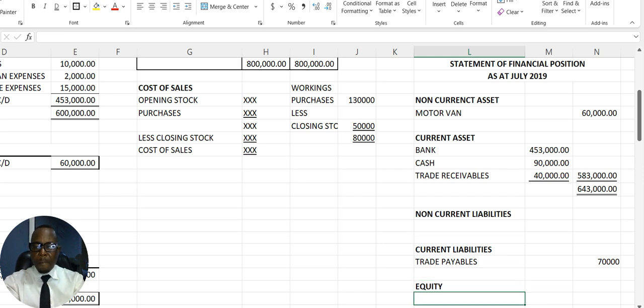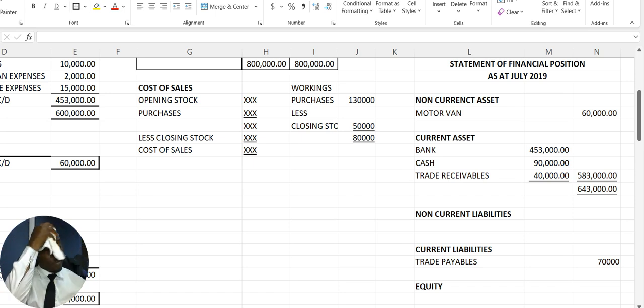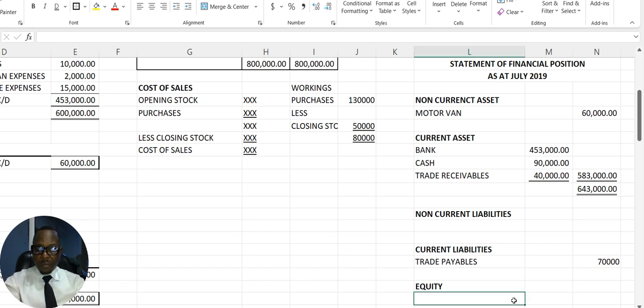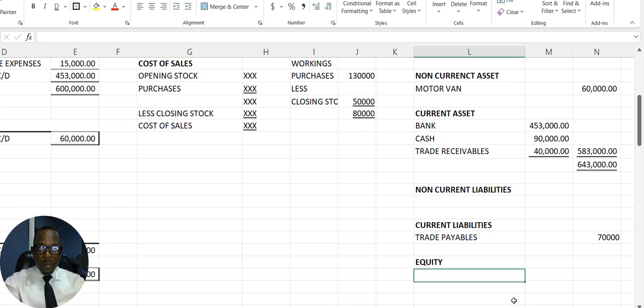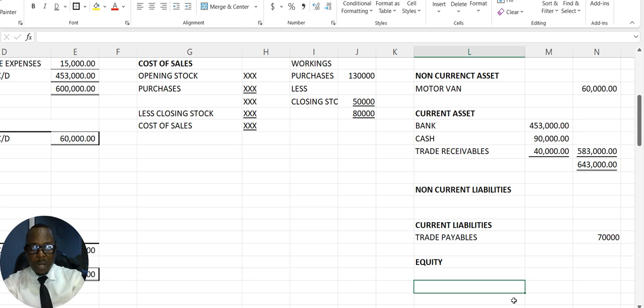Capital of the entity, which is comprised of, number one, capital.